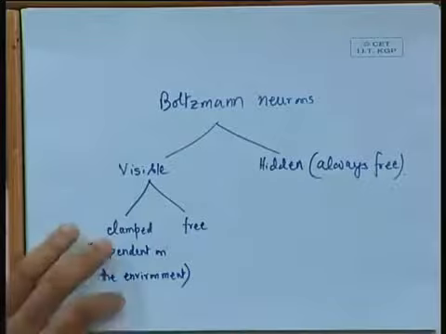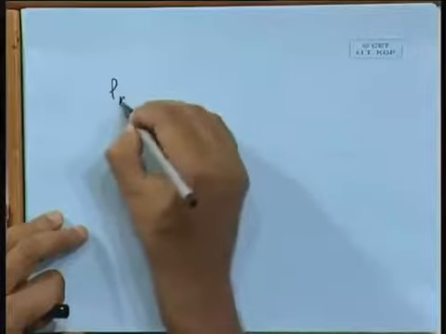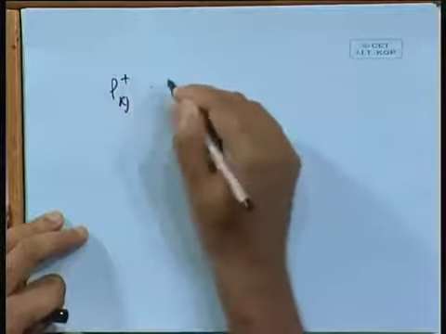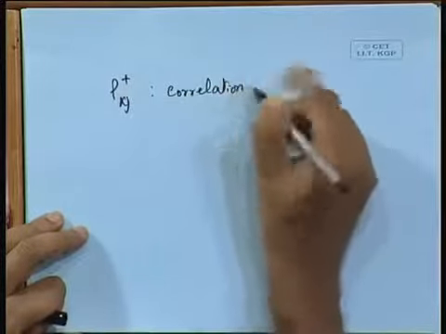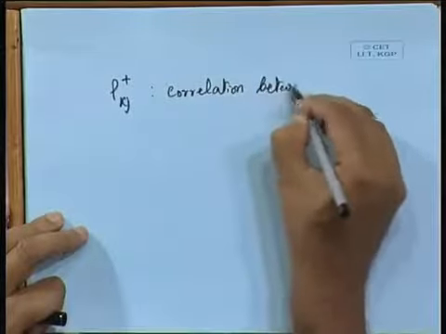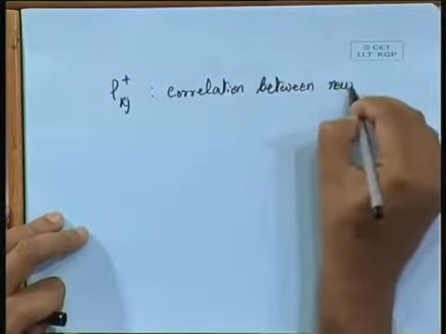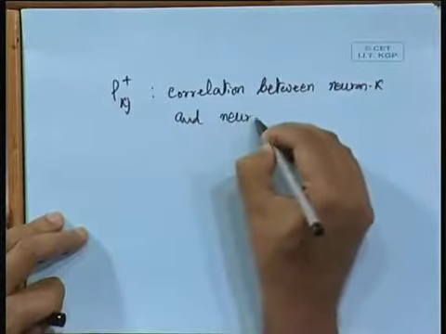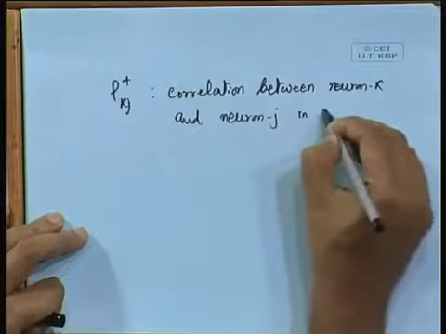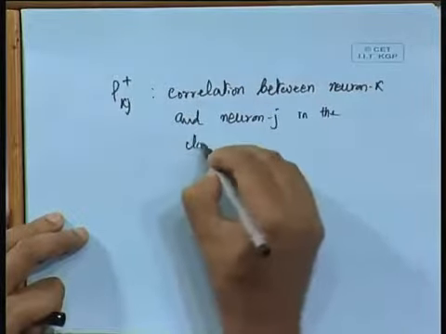So the learning could be defined like this: let us denote rho kj plus to be the correlation between neuron K and neuron J in the clamped condition.